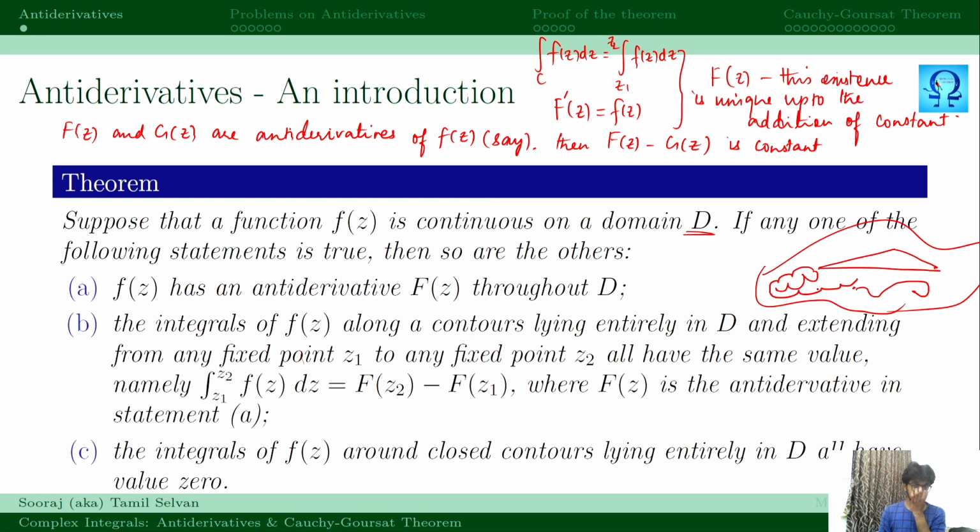These are some possible cases. The one thing that you must have is that the contour must lie entirely inside the domain D, extending from any point to any point. Then your integral value depends only on the end points, so you substitute the end points in the antiderivative. And of course the integral over any closed contour is going to be 0.